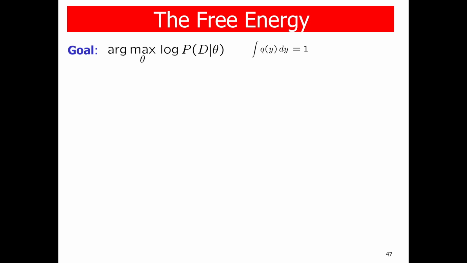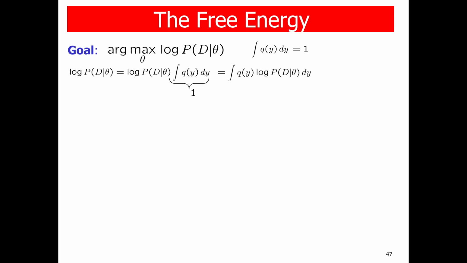I will often just say density function q at the location y, but you should understand that when the random variable y is discrete and we use this q function in an integral, then this integral just becomes a simple sum. Since the integral of q is 1, we can just multiply the log likelihood function with it.